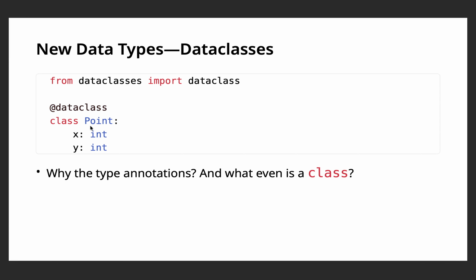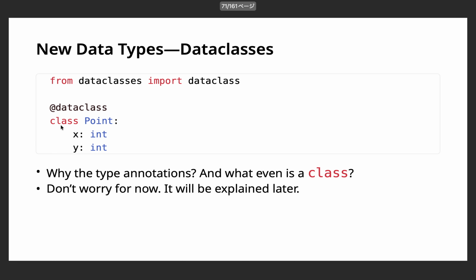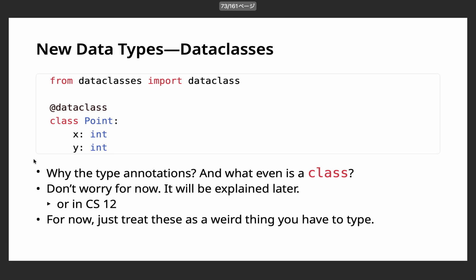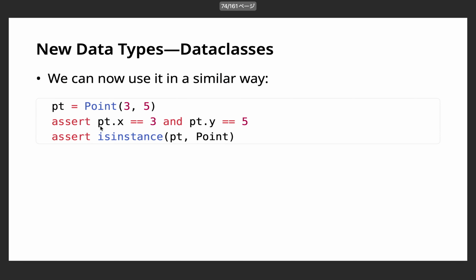So what are these type annotations, and well, what is this class thing? We'll go over this in a bit. The point is, this is essentially equivalent to yung point example natin a while ago. Okay, so this is how you make your new kind of type in Python.